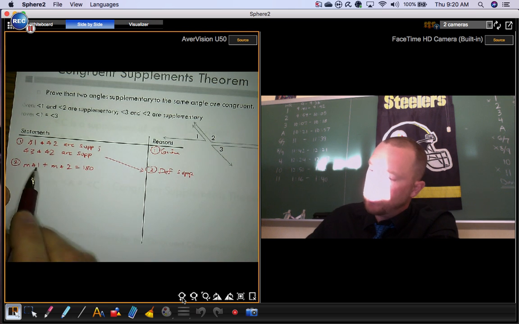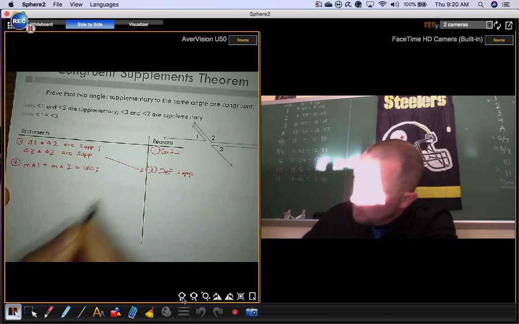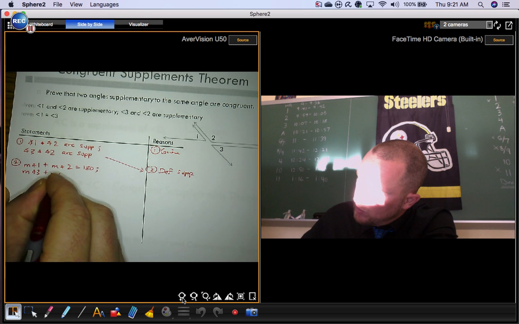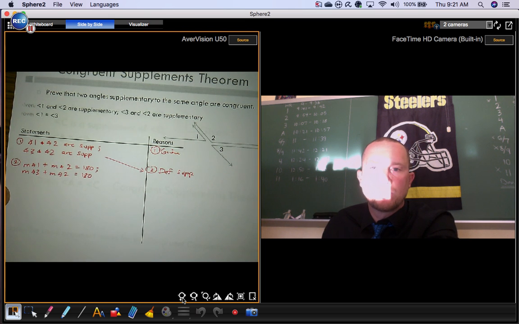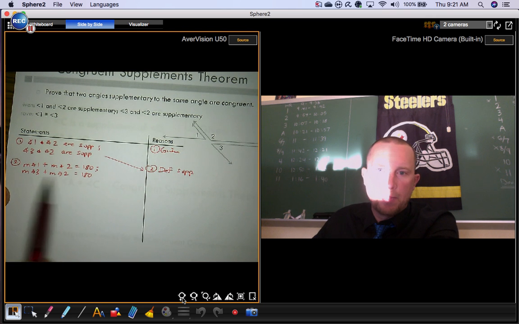So if 1 and 2 are supplementary, measure of angle 1 plus measure of angle 2 equals 180. Also, measure of angle 3 plus the measure of angle 2 equals 180. They told you they're supplementary. You said what that means. That's the definition.